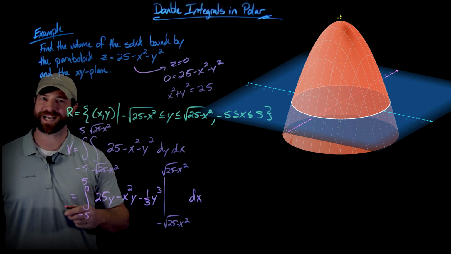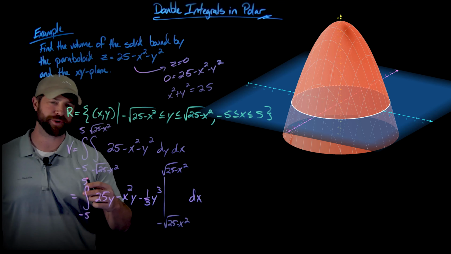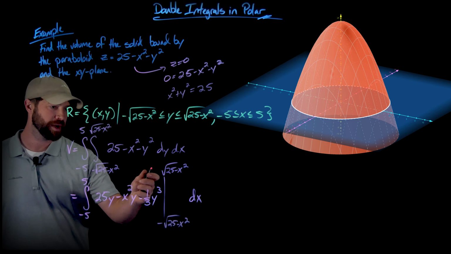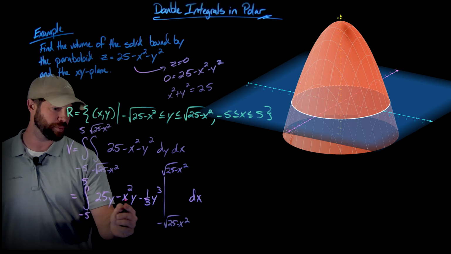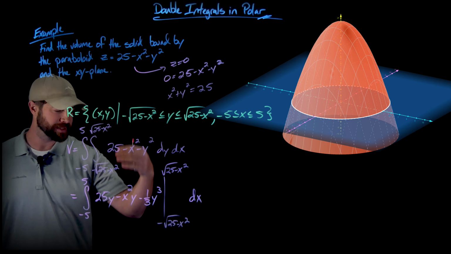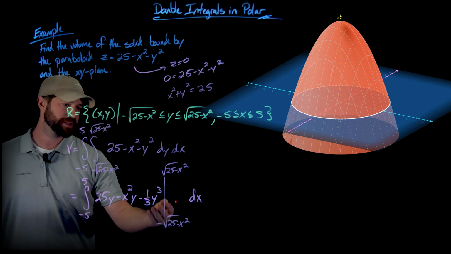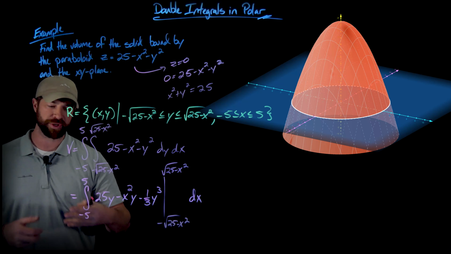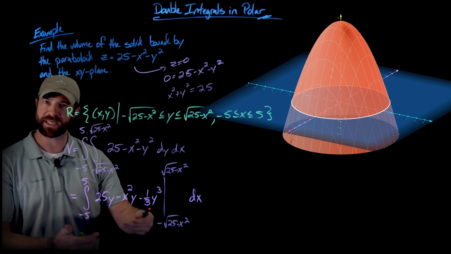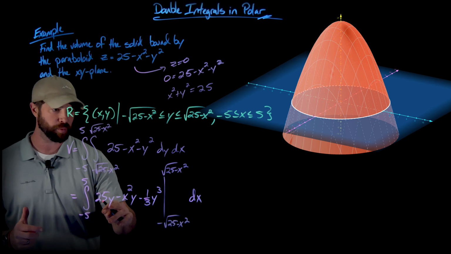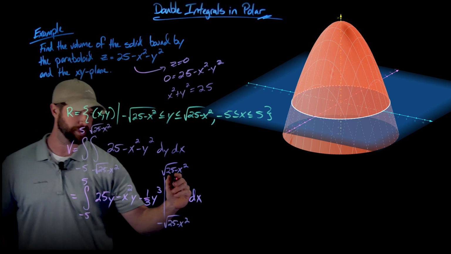All right, so the last step, and I'm going to go fairly quickly through this, though it should be fairly obvious what's going on. All I'm going to do is plug this in for y for my upper bound, and then subtract that, plugging in the lower bound. But the fact that these are just opposites of each other is going to end up duplicating each of these terms. Instead of the y's, I'm going to have this expression in terms of x.